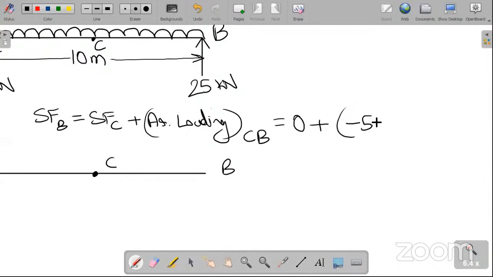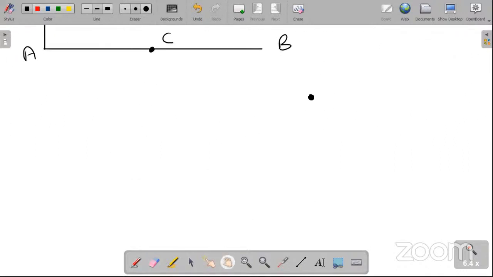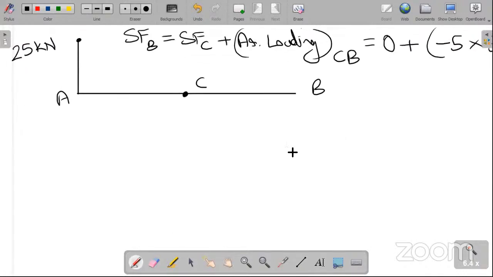Minus 5 is the loading because it's downward, and the length from C to B is 5 only. So minus 5 into 5 is minus 25 kilonewton. So that's why this shear force value here is minus 25 kilonewton.